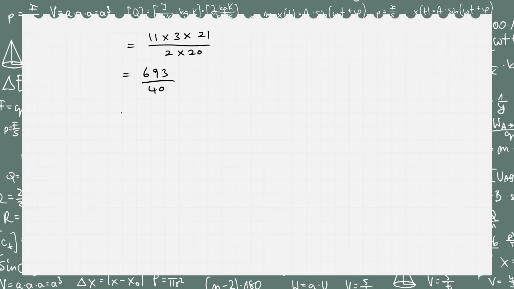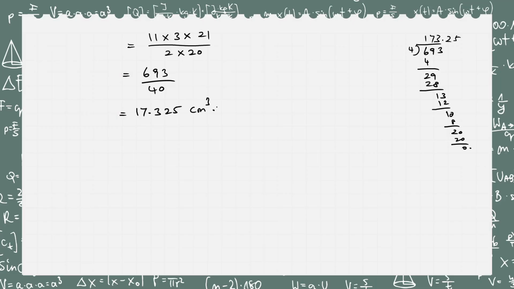Now let us simplify this also. The answer is going to be 17.325 centimeter cube. This is the volume of one smaller cylindrical part only.